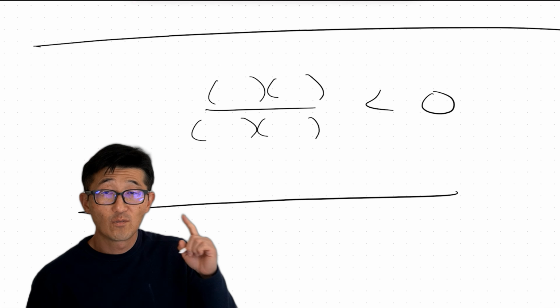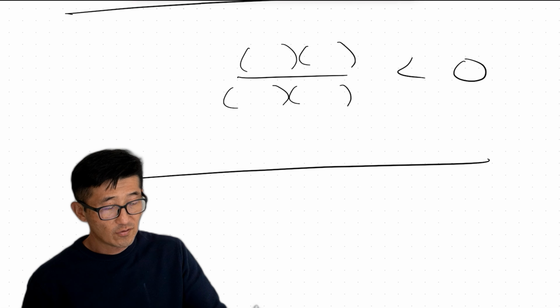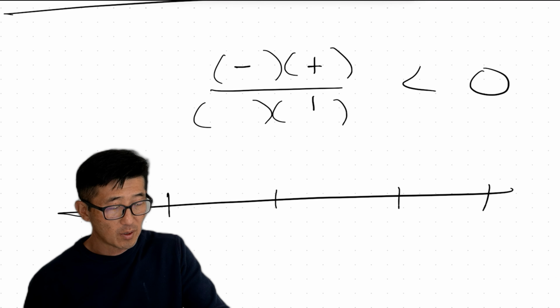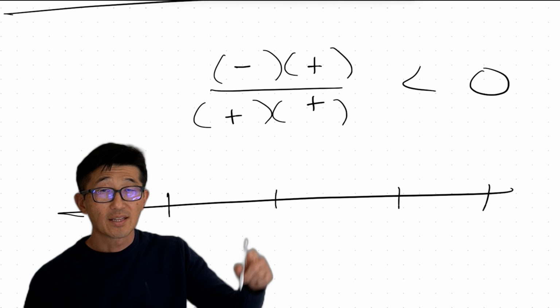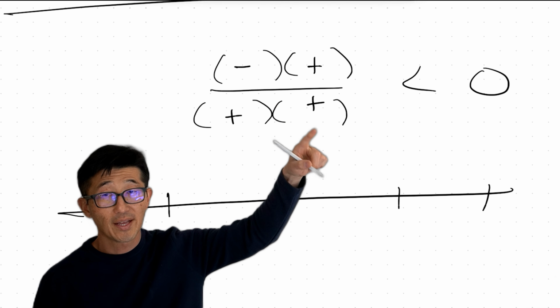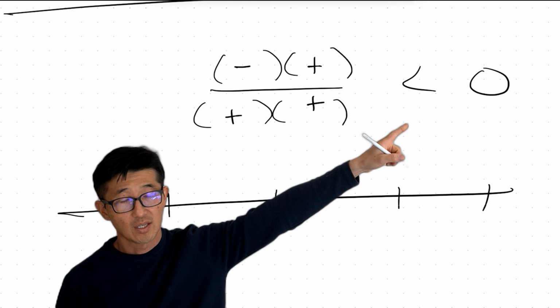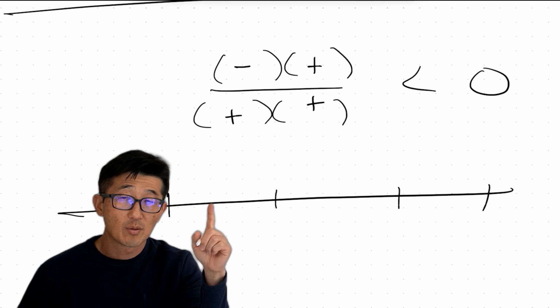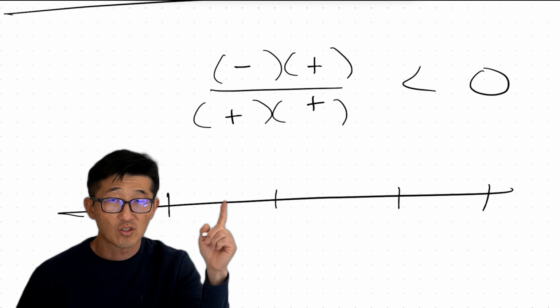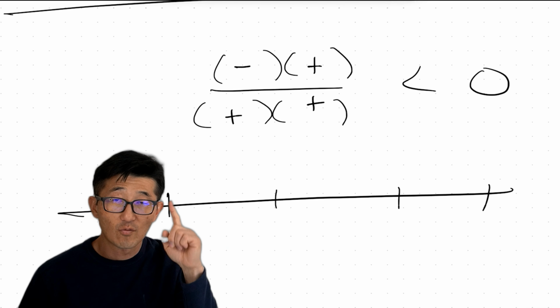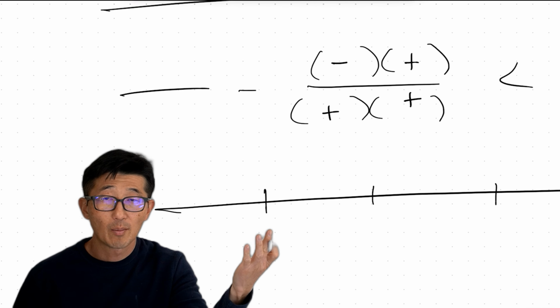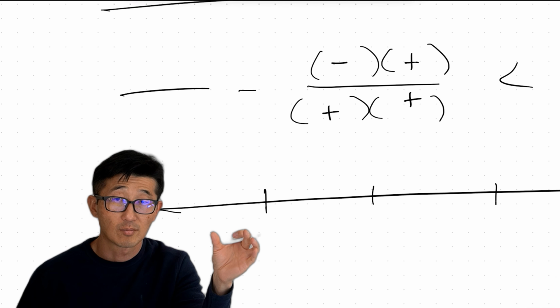Now you're going to have four different critical numbers, and when you plug in, you'll get something like negative, positive, positive, maybe positive. Then this whole fraction will turn into a negative, which is less than 0. Anytime you have fractions and you want to use the number line test and factor it, you have to have one fraction. So if you have another fraction here, you have to use a common denominator and combine it.